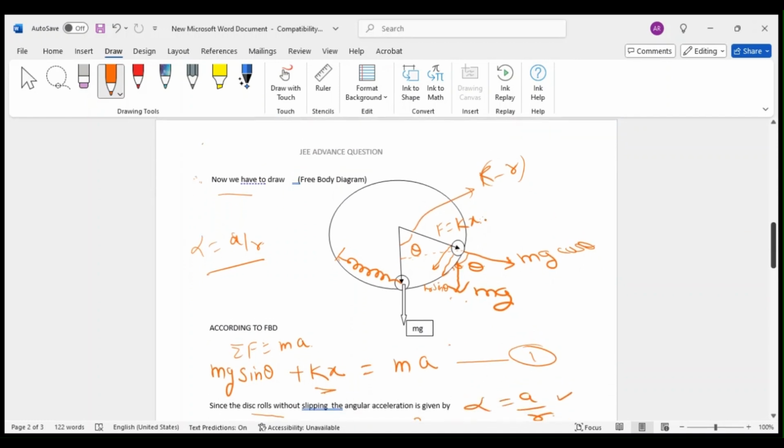Why R minus r? Because capital R is the radius of the ring, and small r is the radius of the disk. Then the resultant distance will be R minus r.